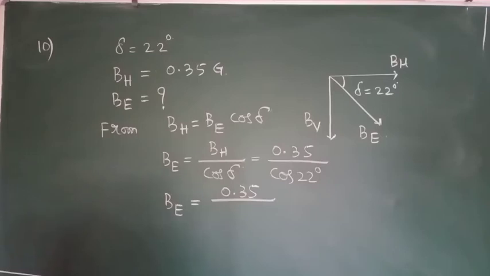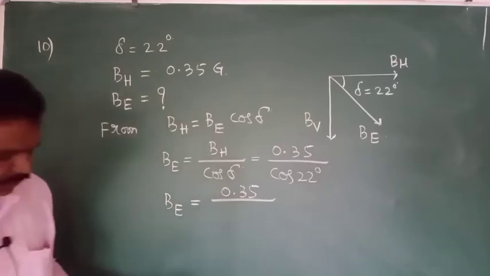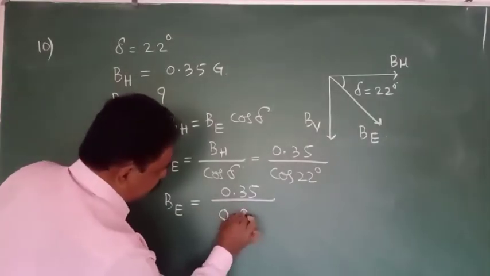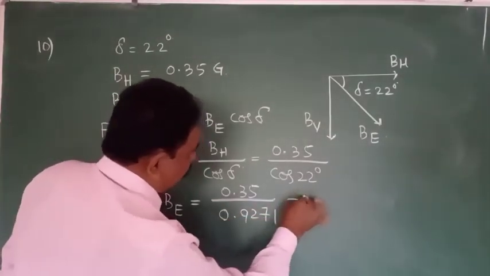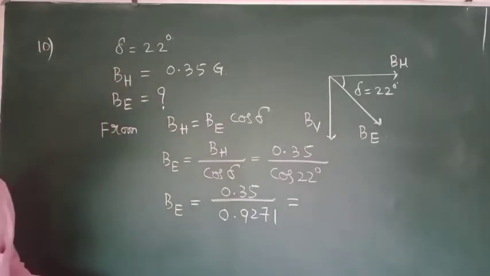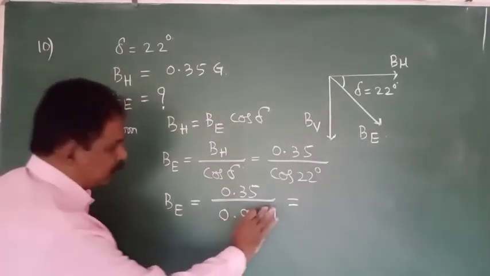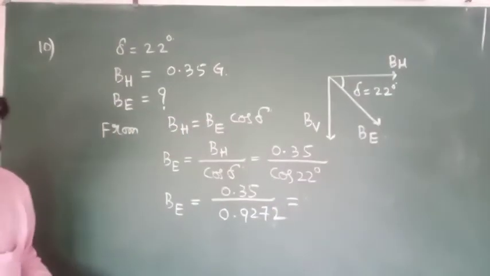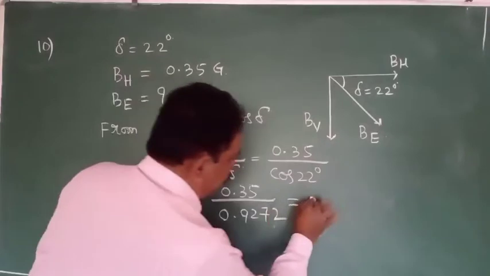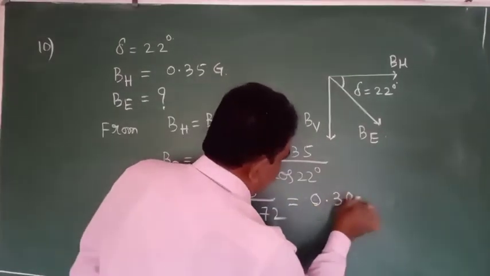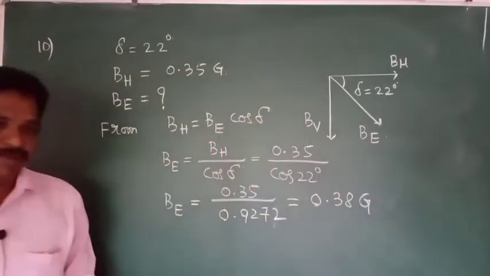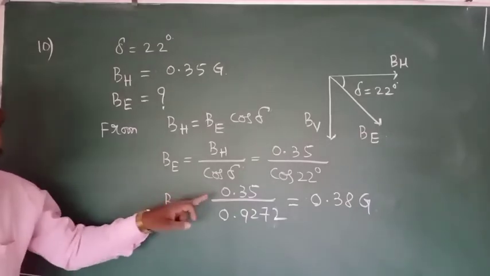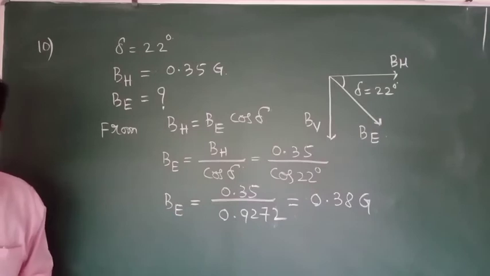Observe this cos 22 value, this value is 0.9272. If we calculate this, this will be 0.38 Gauss. Clear? Earth's magnetic field value will be 0.38 Gauss.